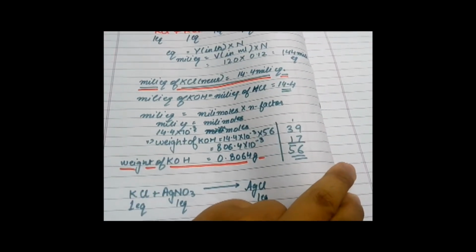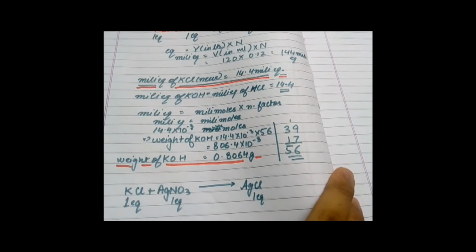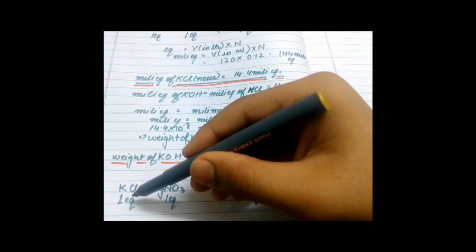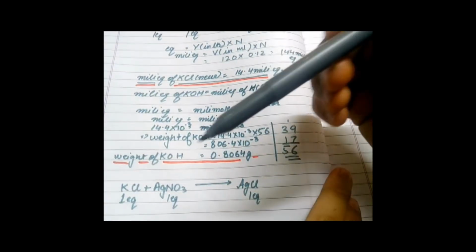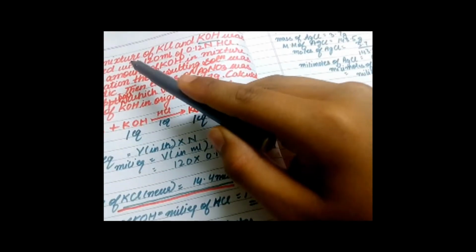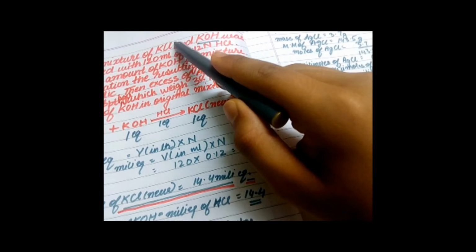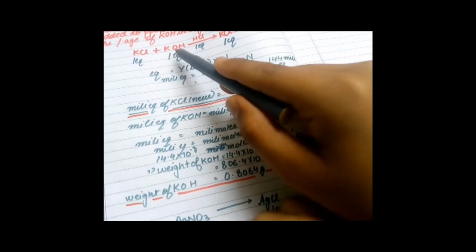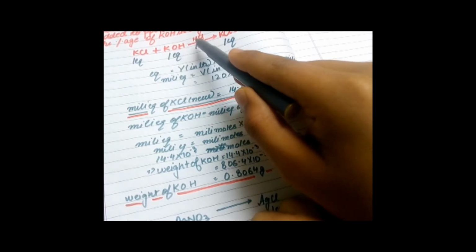So now my friends, this is the tricky part of this question. I would like to say that here I have written the KCl, but will this KCl be the same as the KCl which was initially in the reaction? No, my friends. It will be this KCl plus the KCl which was created when KOH reacts with HCl.